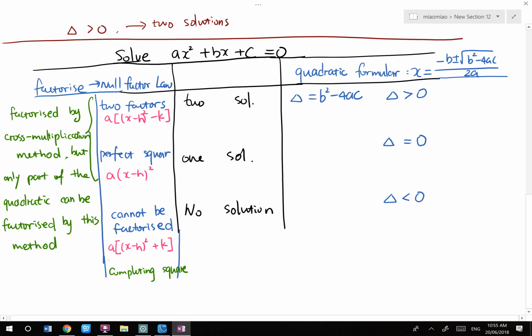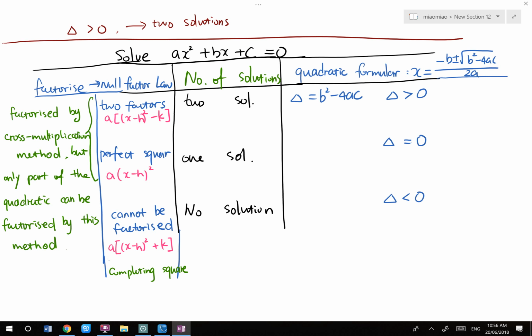So we want to talk about the number of solutions for a quadratic equation. We can have two solutions, one solution, and no solution. For two solutions, you have two distinct factors. Look at the horizontal row, they all talk about the same thing.